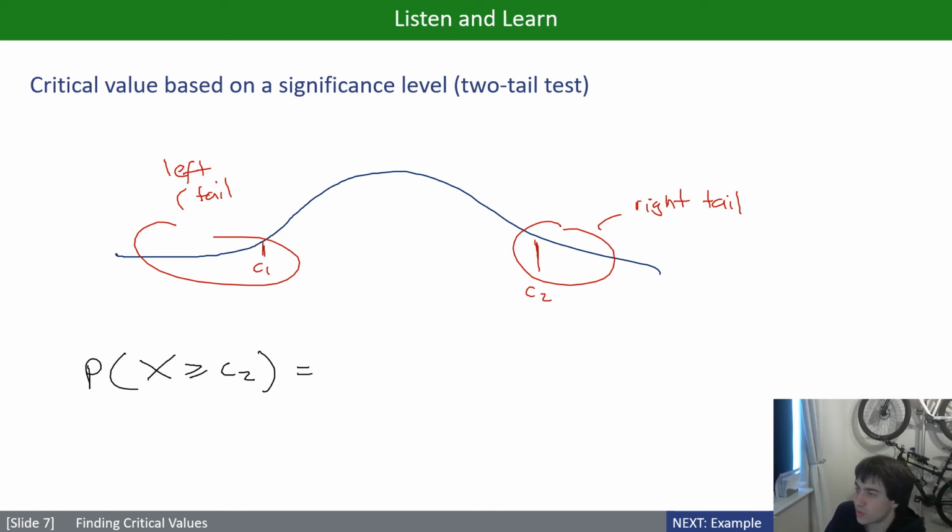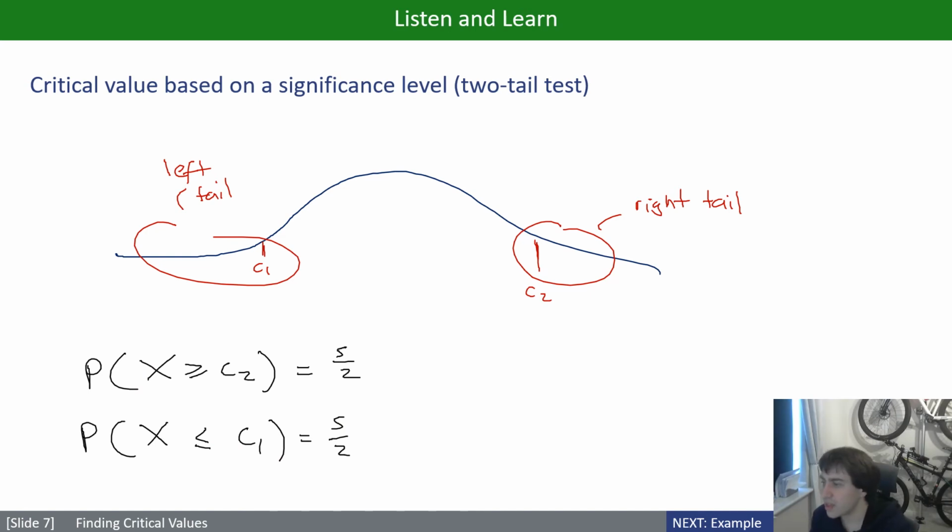I think we talked about that last time. And the probability of x being less than or equal to your critical value C1 is also equal to S over 2. So for instance, if it was a 5% significance level in the question, you would change that to 0.025 or 2.5%. And then you'd work out your C2 and your C1 according to this.